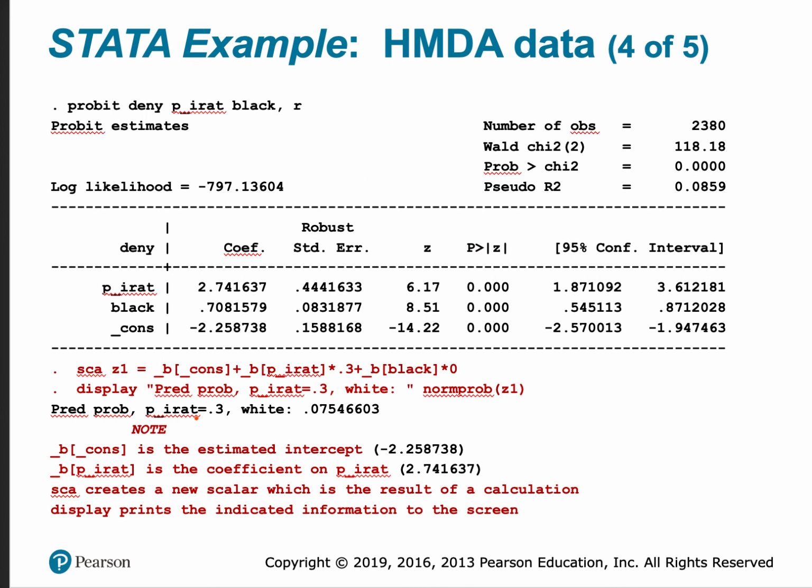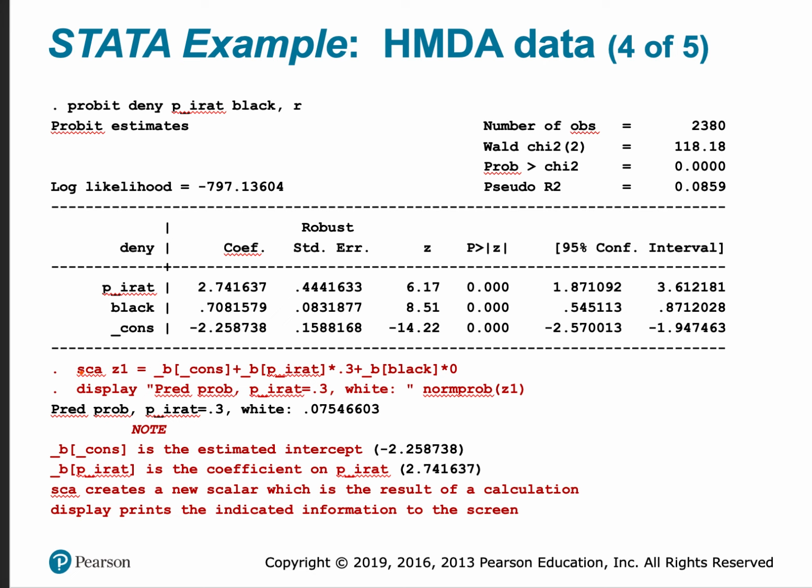So we can calculate those predicted probabilities, the predicted probability for a black applicant and a white applicant, using the following code with the regression results that we have just run. So we can generate a scalar.